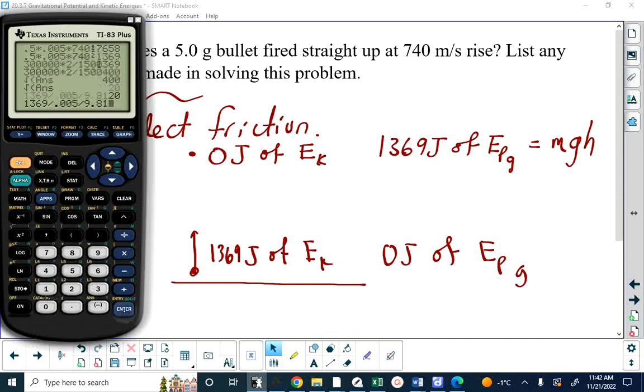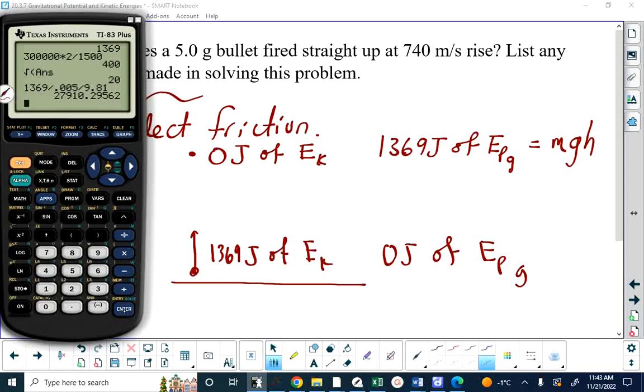And it's going to be a ridiculously large number of 29,910 meters, or 29.7 kilometers. It will not rise to that height because friction should not be neglected. But in a perfect situation, that would be the height.